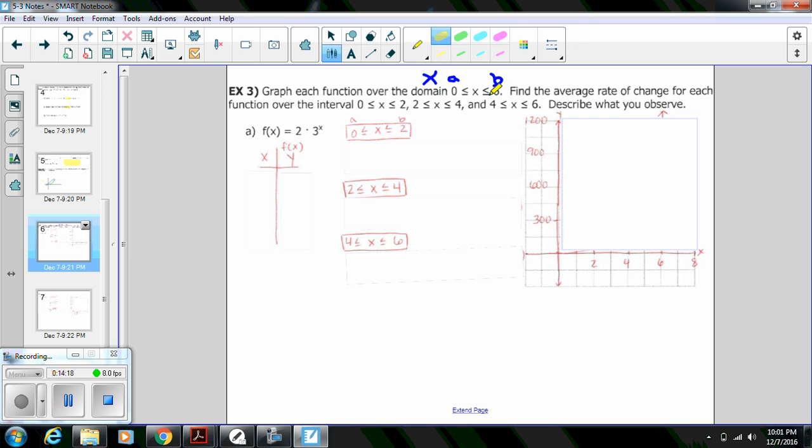So this is like finding slope, but with something that doesn't create a straight line, for each function over 3 different intervals. So we have 3 intervals that we have to pay attention to. Here's the first, from 0 to 2. Second is 2 to 4. And the third is from 4 to 6.